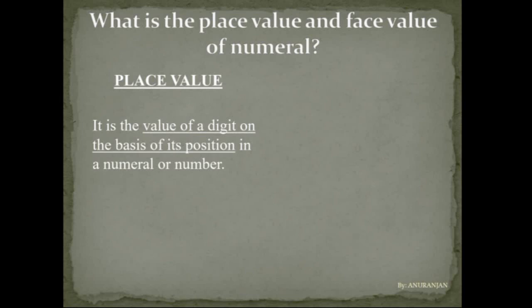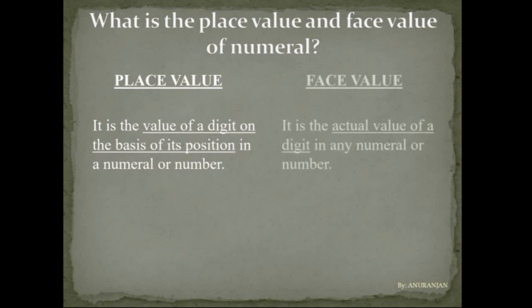So here we have to understand where the digit is lying, in which position, and based on that position the value of that digit will be determined. Face value is the actual value of a digit in any numeral or number. It means the digit itself is the value.